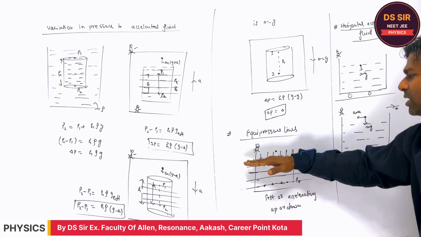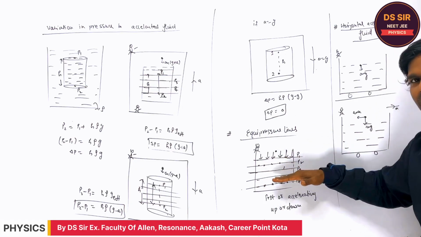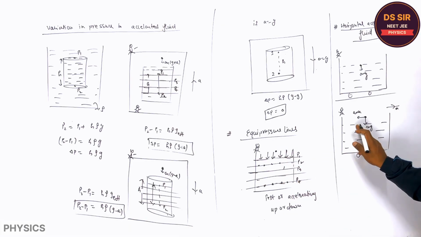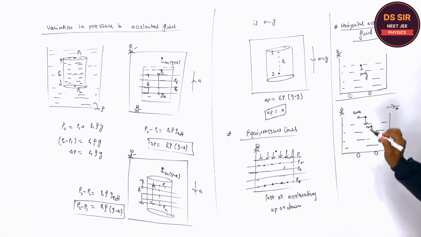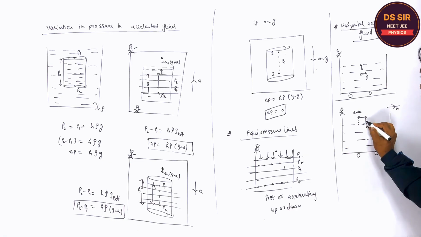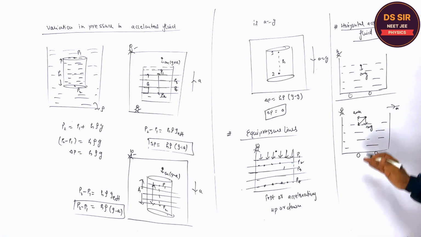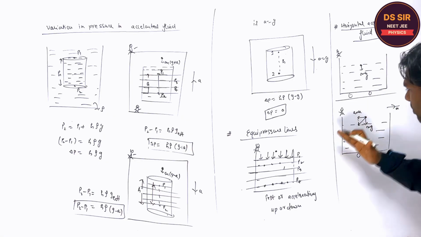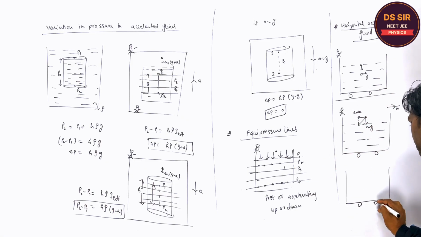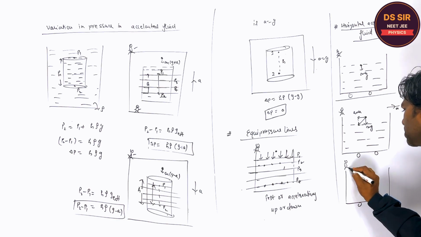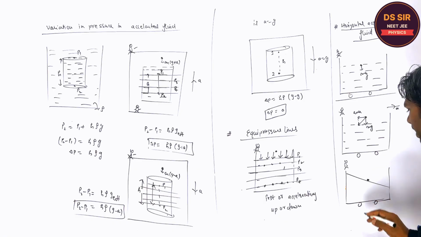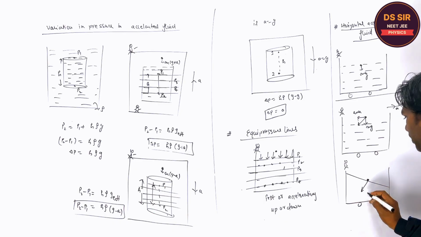Therefore in that case the equipressure lines are horizontal, right? These are the equipressure lines, horizontal. But in this case, what is the resultant force on this molecule? You tell. The resultant force will be in this direction, and when you sit, the equipressure line becomes like this, because the net resultant force will be in this direction.